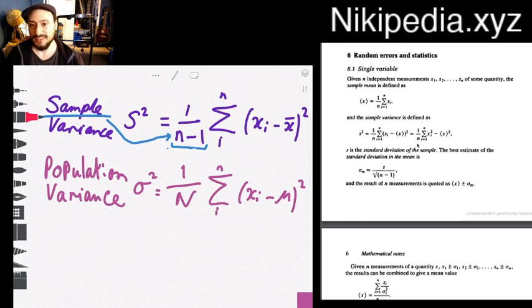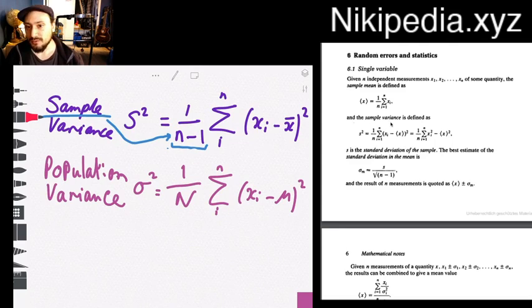Whereas in another textbook or source, the sample variance is characterized by the same formula as the population variance, but with the number of readings minus 1. So that's where it would turn into 1 divided by 3, and then we would square root that. But these are two conflicting sources. So this is the formula used in the book.